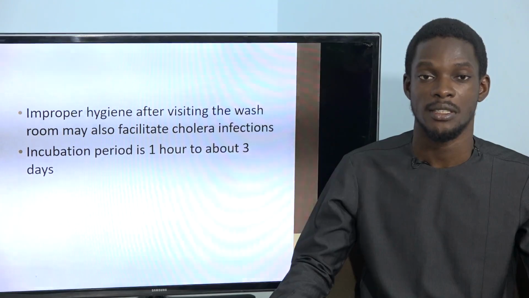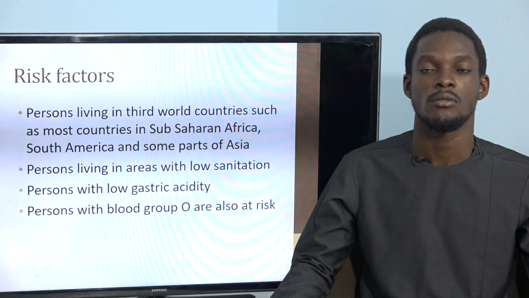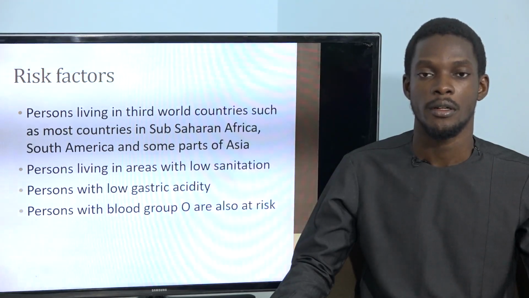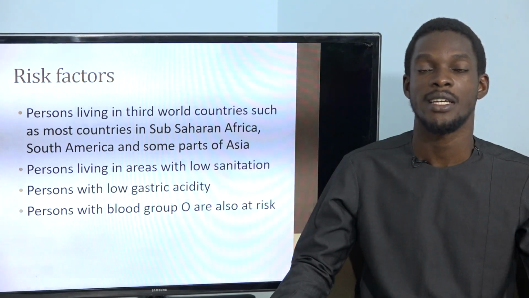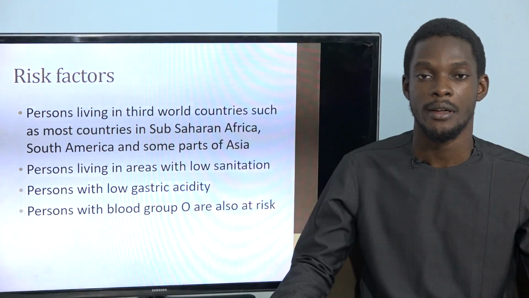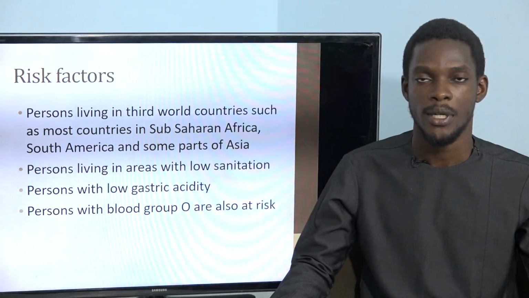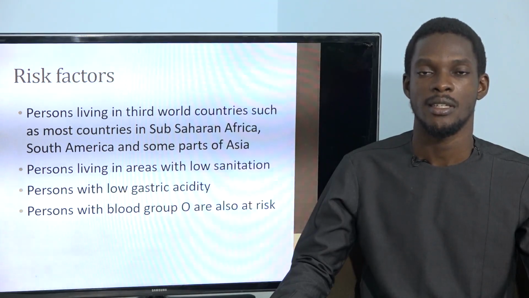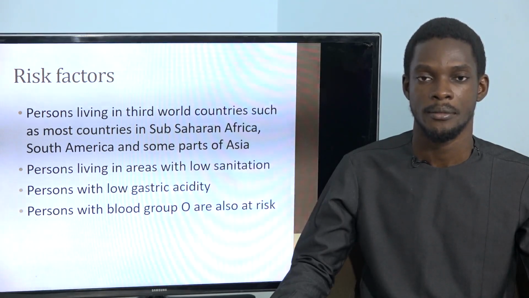Risk factors for the occurrence of cholera include people living in endemic areas, such as South America, some parts of Asia, and some parts of Africa, namely Sub-Saharan Africa.